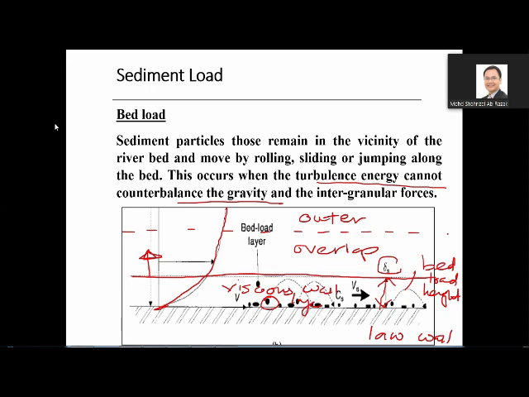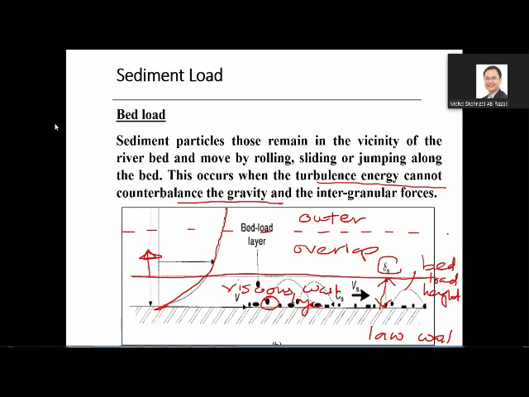So that is why the particle always settles at the bottom of the bed. The weight of the particles itself, which is governed by gravity, pulls the grains on the bed. So that is why your bed load is always within this viscous wall layer.